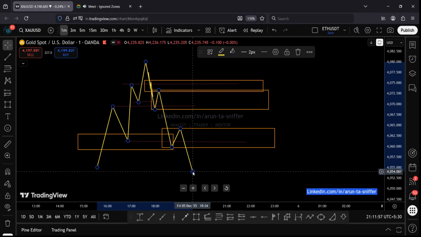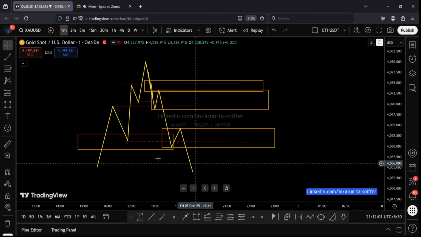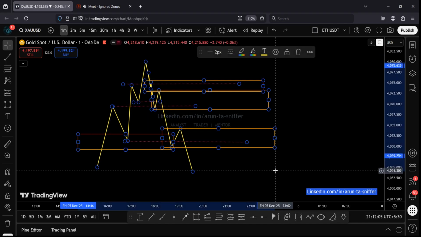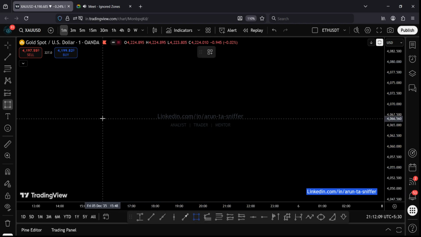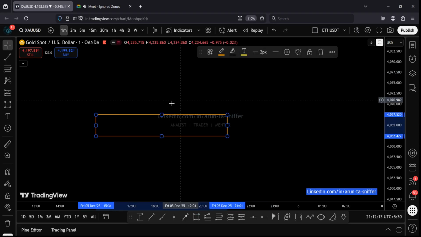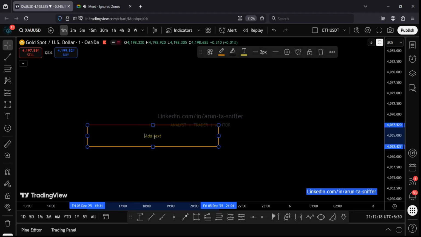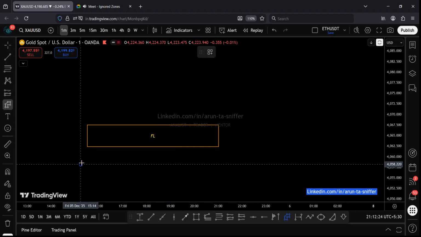To understand more clearly, I will not draw the structure this time. I will draw it in a simpler form. Suppose this is an FL. Think like this, this is an FL, and how was the FL created?